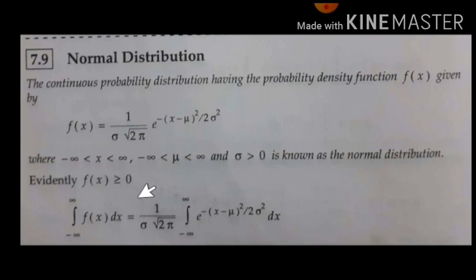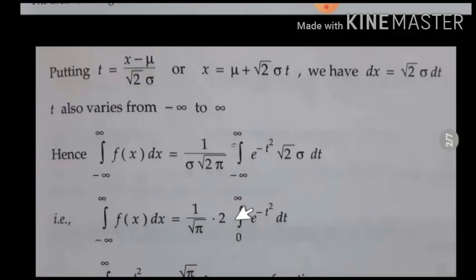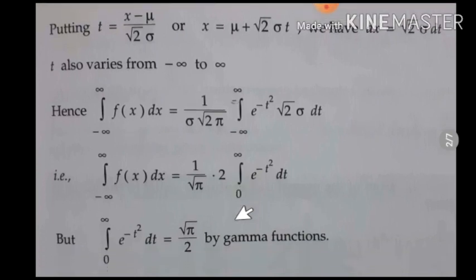Substitute the f of x function; the constant 1 by sigma root 2 pi is written outside the integral. Now we need to integrate this function. The evaluation of that integral can be done easily by the substitution method, by taking (x minus mu) by root 2 sigma as t.